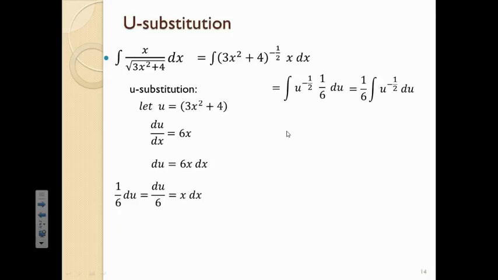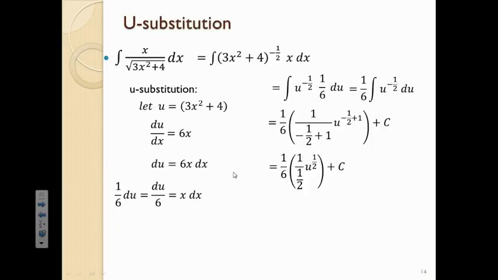Now can we do this? Of course we can. Simple integration formula. We would plug in our r of minus 1/2, and we work through the math. And we remember here again, we have 1 over 1/2, so we just flip this over. So it becomes 1/6 times 2, u to the 1/2. And then we can multiply that out to get 2/6, which of course we know is 1/3.